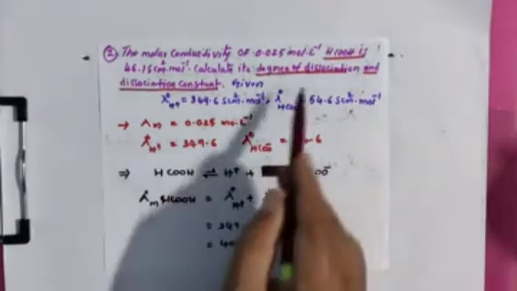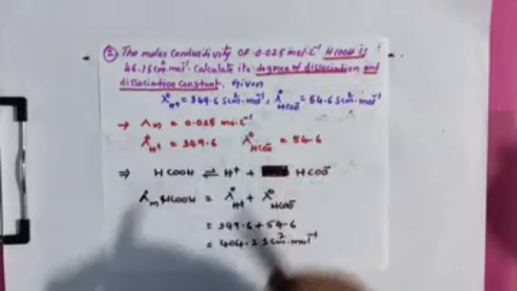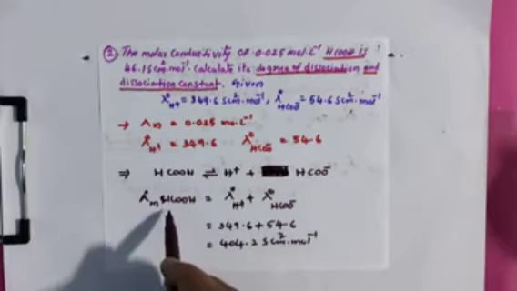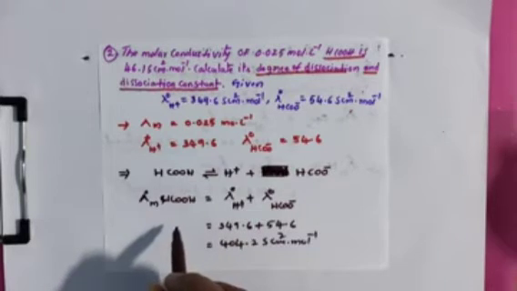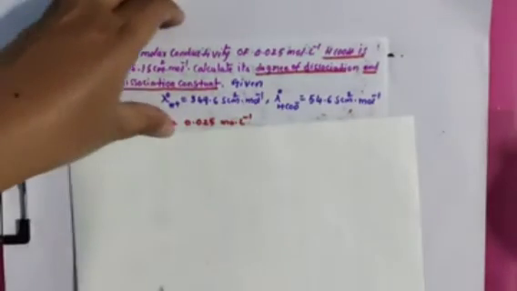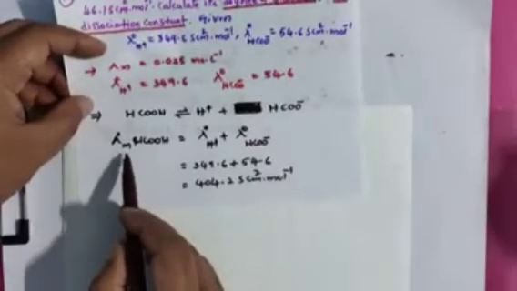But they asked the degree of dissociation. So for the degree of dissociation we need the molar conductance at infinite dilution. How to calculate the degree of dissociation? So one part is completed. We calculated the molar conductance. Now the degree of dissociation.